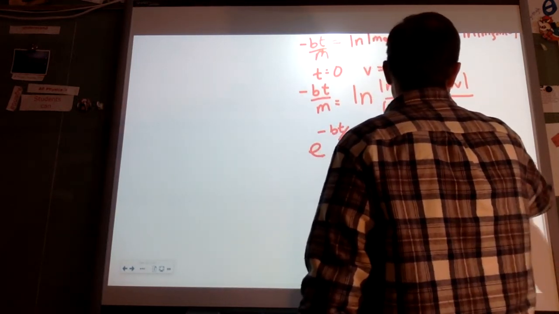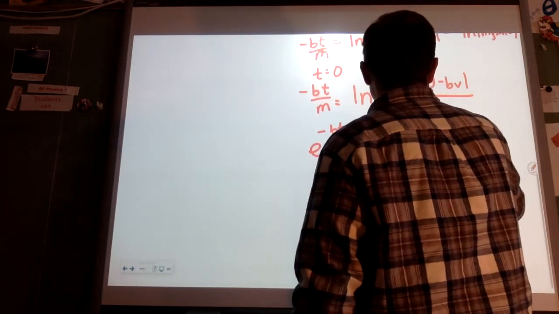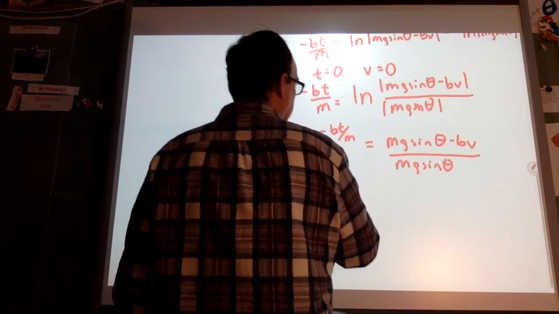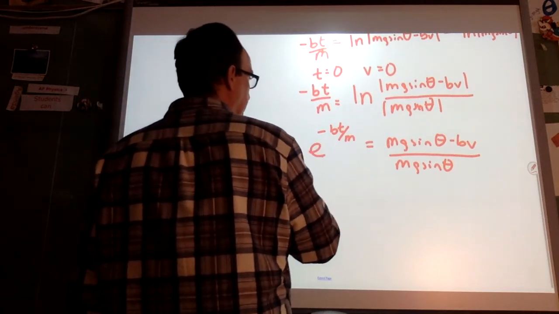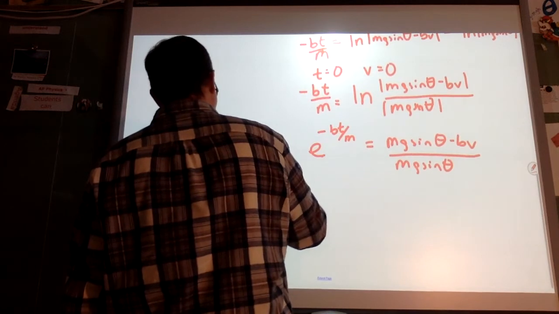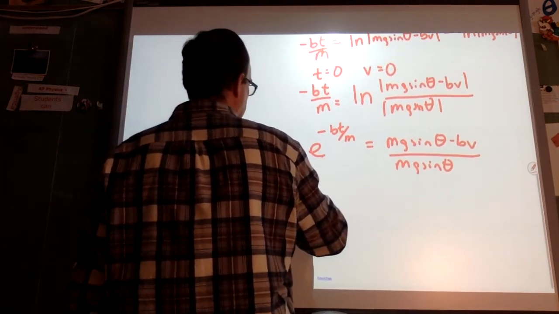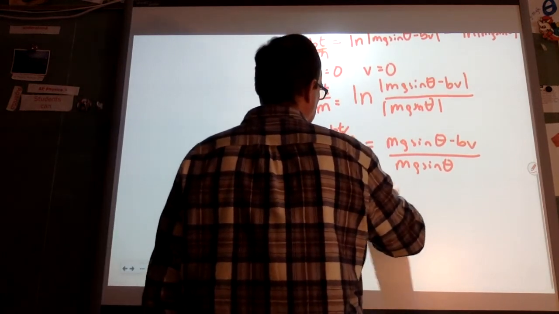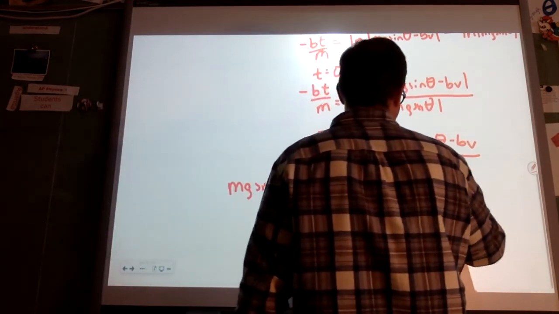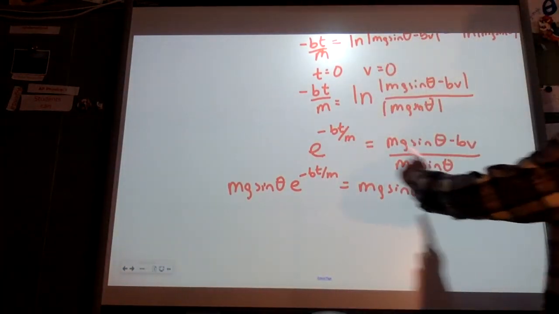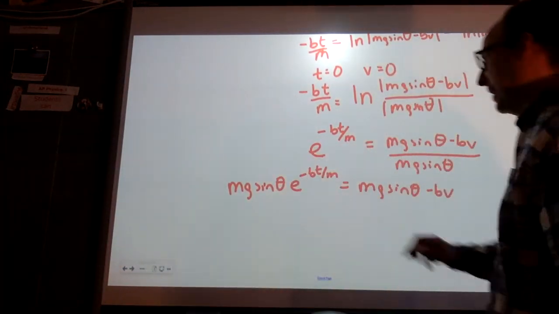Which is going to give me mg sine of theta minus bv over mg sine of theta. And so I'm going to have mg sine of theta e to the negative bt over m is equal to mg sine of theta minus bv. Why don't I add this to that side and subtract this from this side?